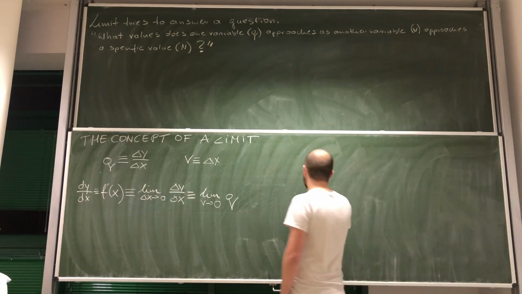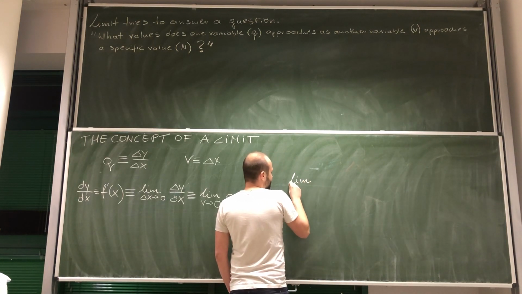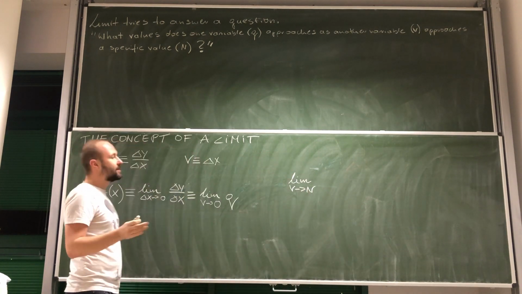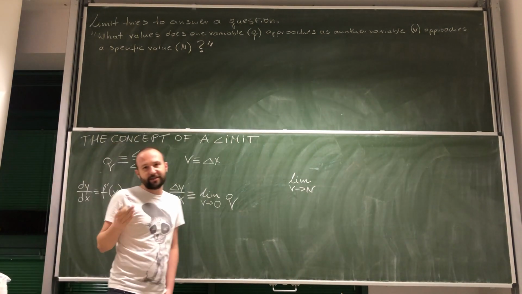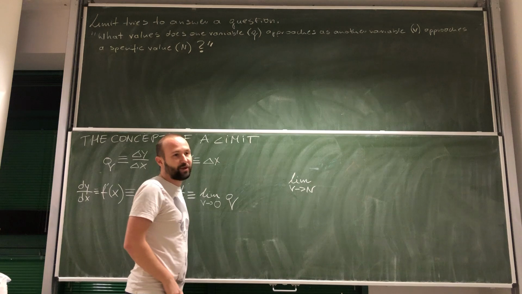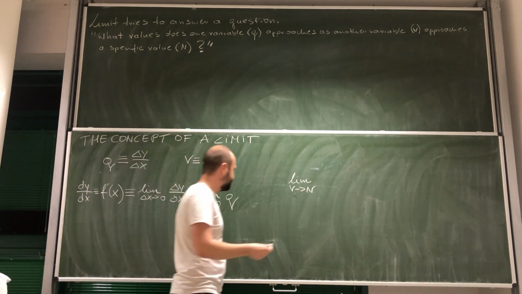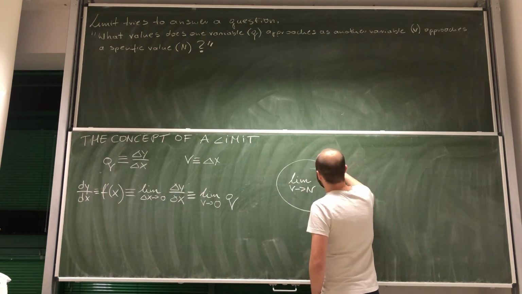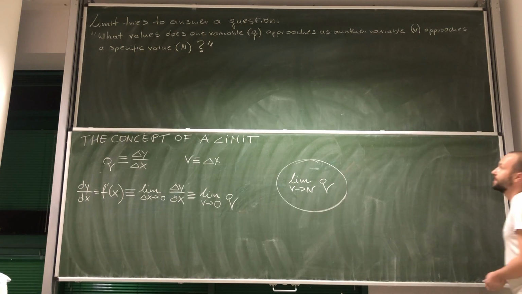When we talk about the limit, we think about v approaching some value n, because n doesn't necessarily need to be equal to 0. As you will see, actually the limits that we calculate the most often are associated with either infinity or negative infinity of q. And this is the expression that we're going to be dealing with for now.